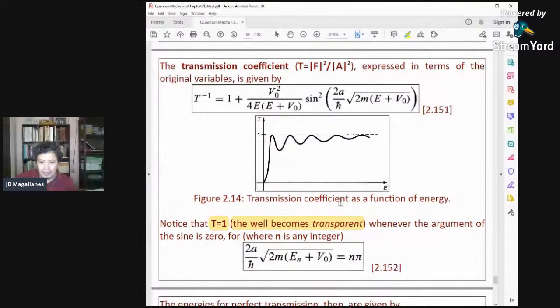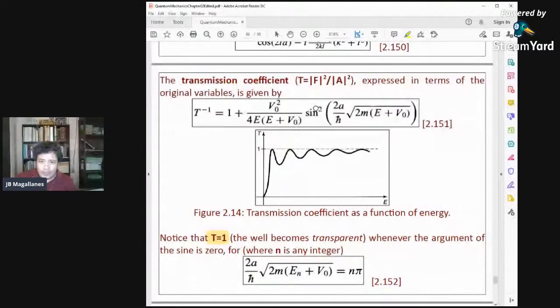What happens if T equals 1? This one would have to be 0 if T equals 1.